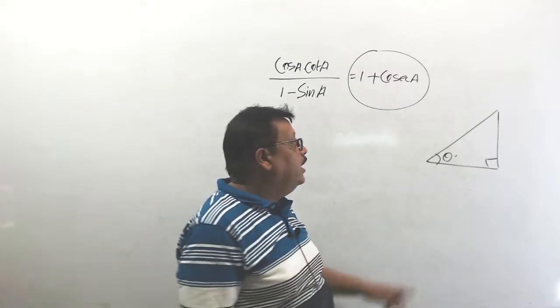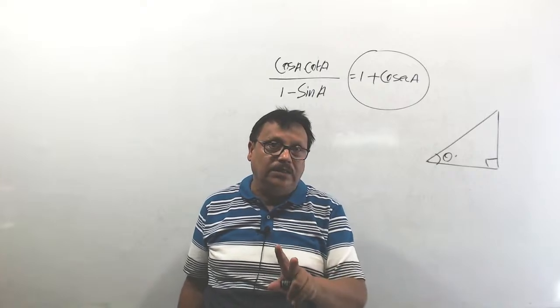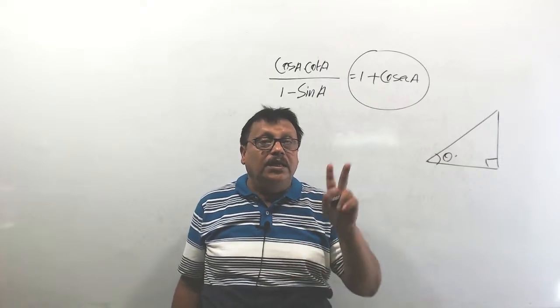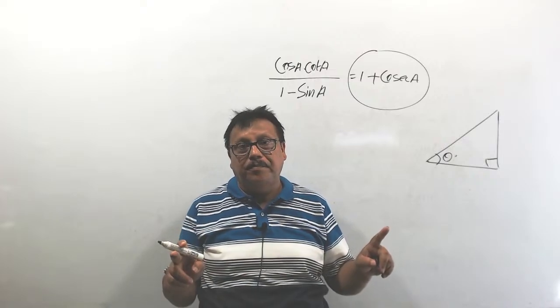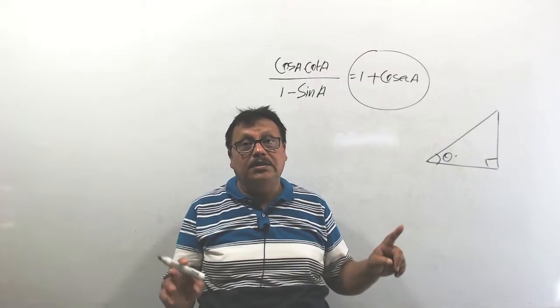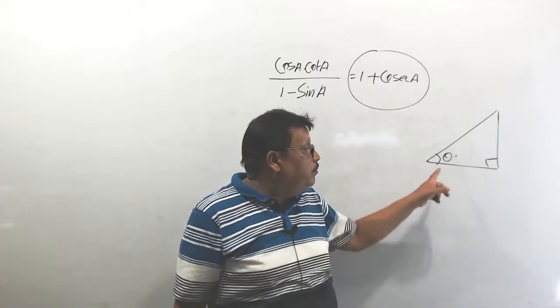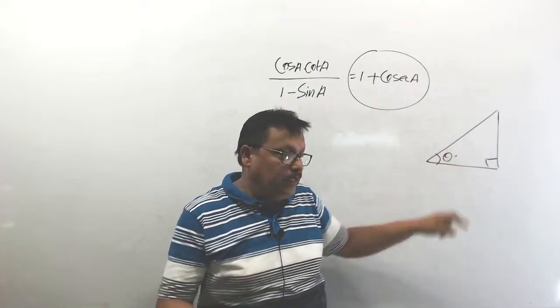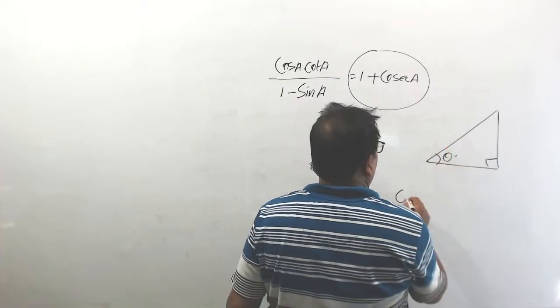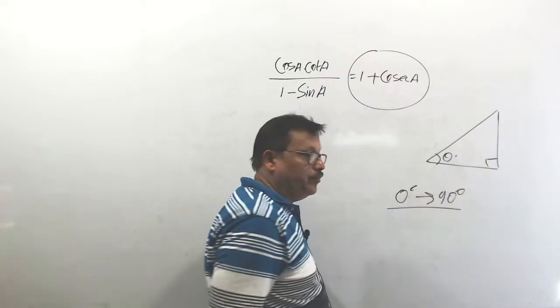And for this theta only, sin square theta plus cos square theta equals 1. Some other day, I will explain in detail regarding theta, sin, and all trigonometric values. The value of theta you are considering is 0 to 90 degrees only.